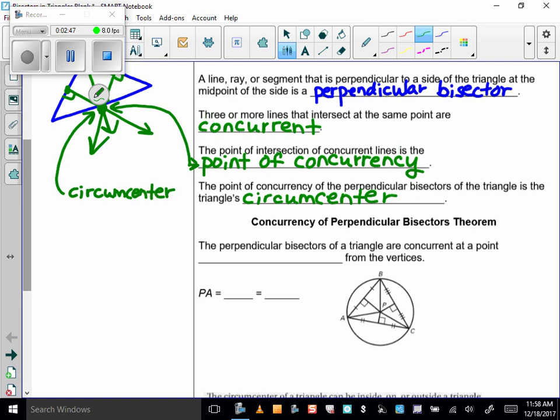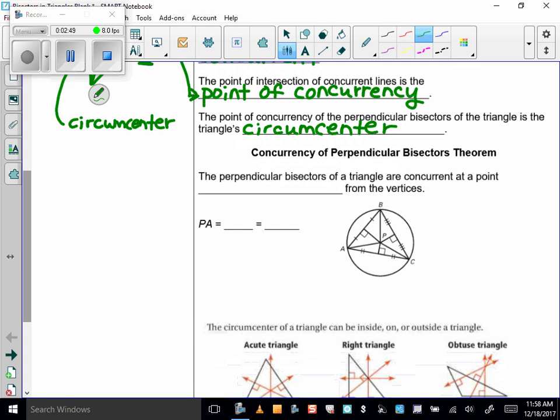Okay, and we have a theorem related to that. The concurrency of perpendicular bisectors theorem says the perpendicular bisectors of a triangle are concurrent at a point that is equidistant from the vertices. Oops, I spelled that wrong.